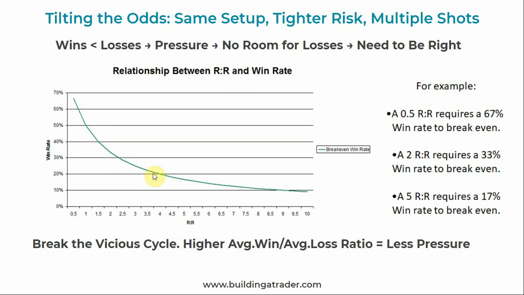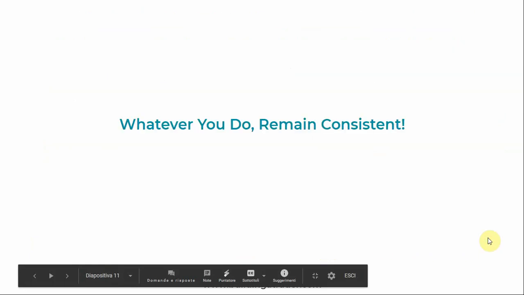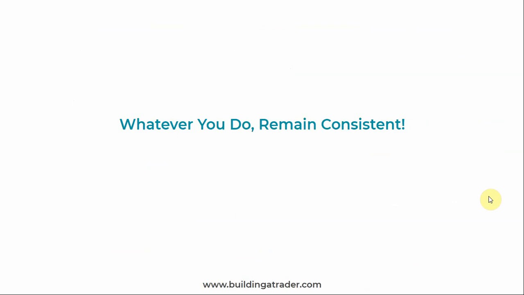So break that vicious cycle. Focus on having higher average wins to average losses and reduce your psychological pressure. All this is required in order for you to remain consistent.